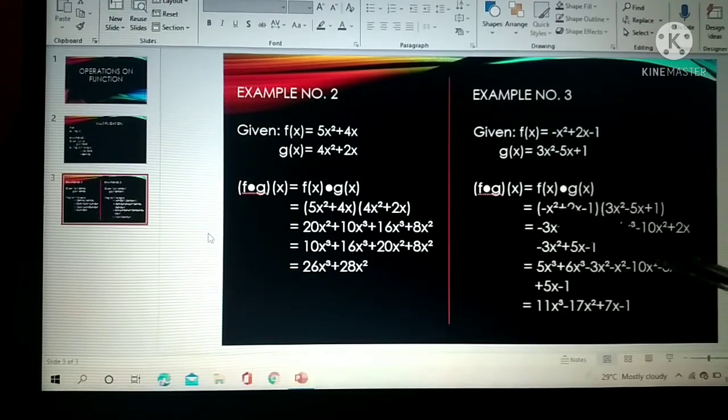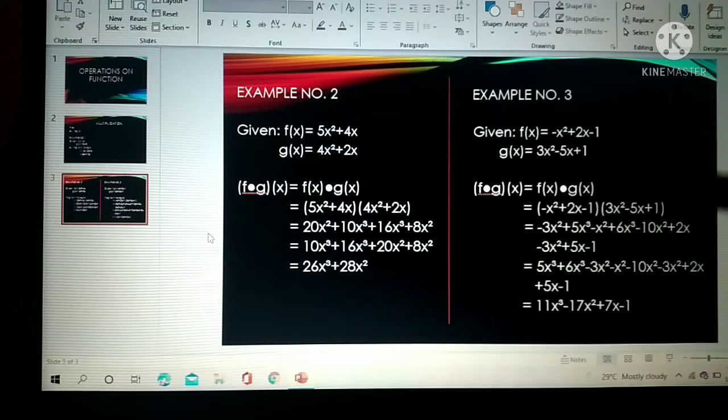Next is negative x squared times negative 5x is 5x cubed. Negative times negative is positive. And x squared and x, which has an imaginary 1, so 2 plus 1 is 3. And then negative x squared times positive 1 is negative x squared. Next is 2x times 3x squared is 6x cubed.